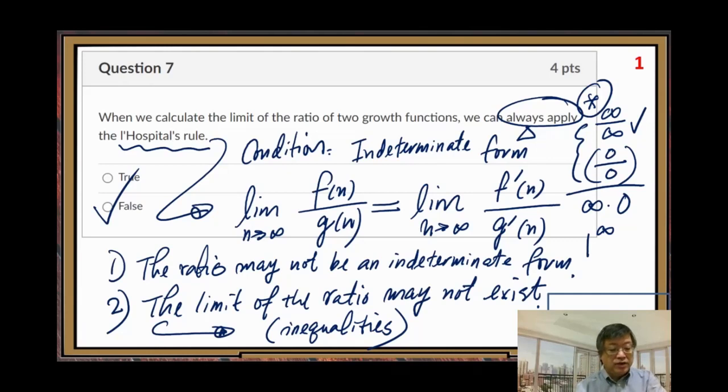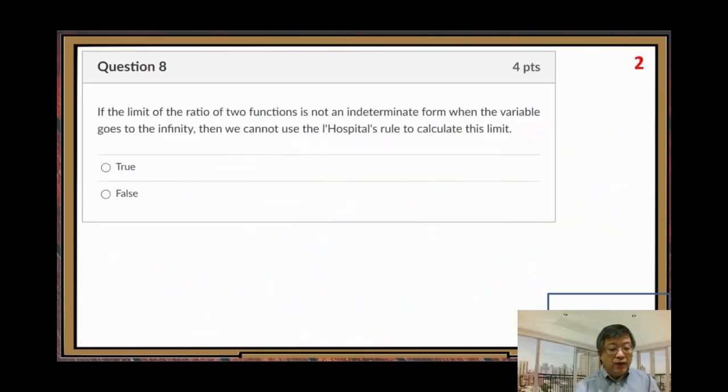Next question, number 8. If the limit of the ratio of two functions is not an indeterminate form, when the variable goes to infinity, then we cannot use the L'Hôpital rule to calculate this limit. Correct, right? When you answer this question, we use the background we discussed in the previous question.